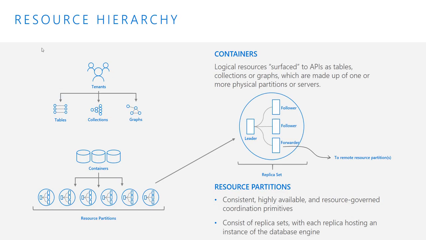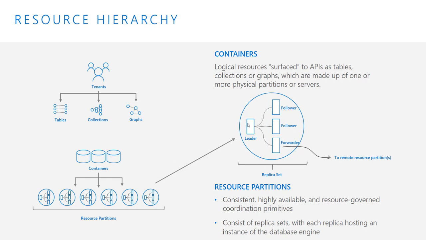Now this is the resource hierarchy. You have tenant on top, they have account, and beneath that you have database and collections, and these collections can be of different types. As you can see, your data is kept in 4 different places. We call it a replica set.